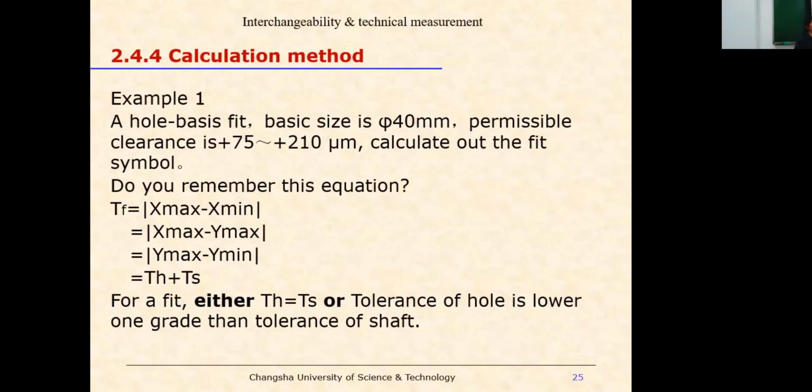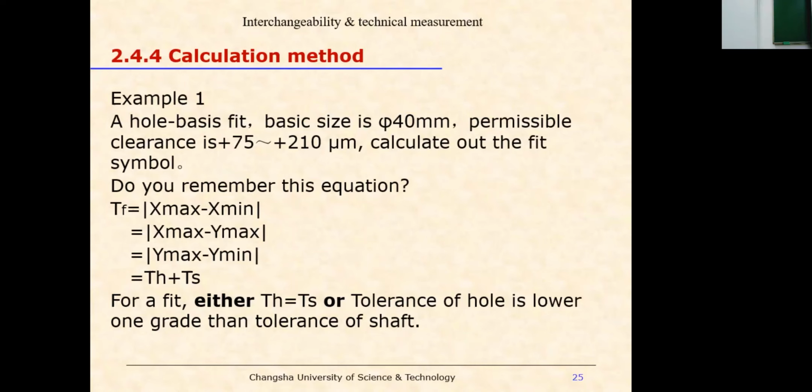Now the condition: if you choose IT8, they are equal, right? If you choose IT7, maybe the shaft grade is one grade higher than the hole.